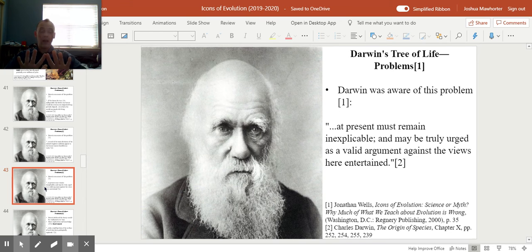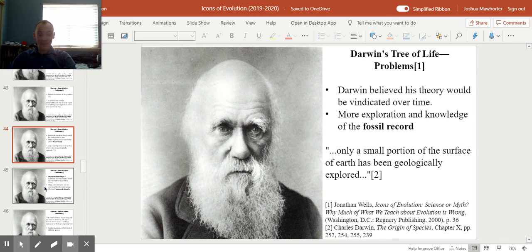What we have is a multiplicity of fully formed phyla and animal classes that actually become fewer over time. And so many believed that his theory would be vindicated later. People started exploring the fossil record, and they believed that if the fossil record or knowledge was more complete, this would back up Darwin's theory.